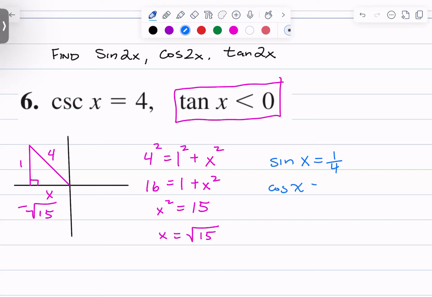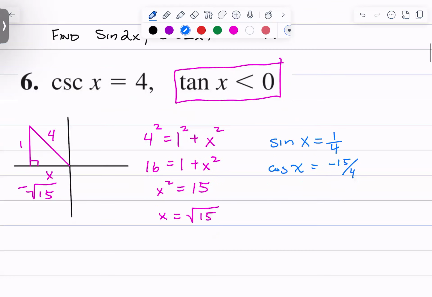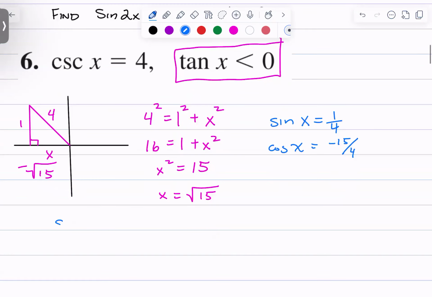Cosine of x is equal to negative square root of 15 over 4, right? So the double angle formula, again, is 2 sine times cosine, which is 2 times sine of x is 1 over 4, cosine of x is negative square root of 15 over 4.